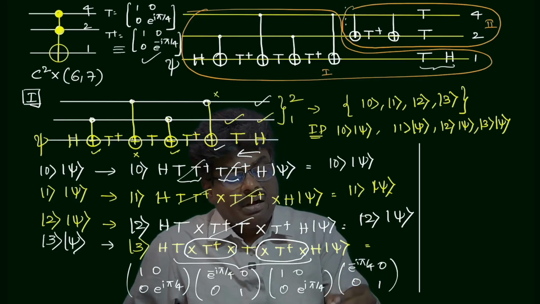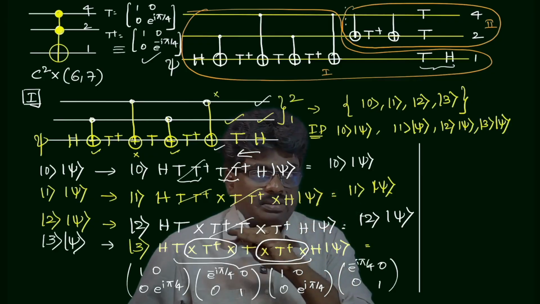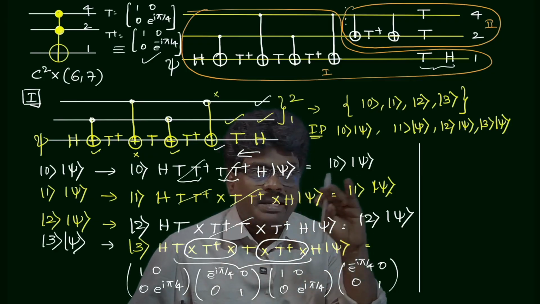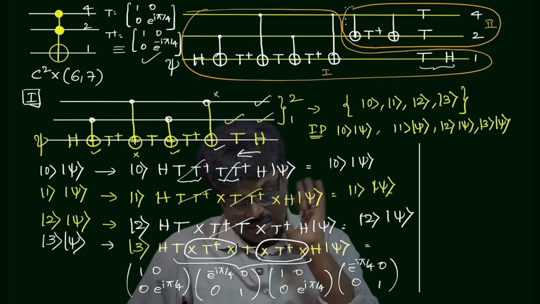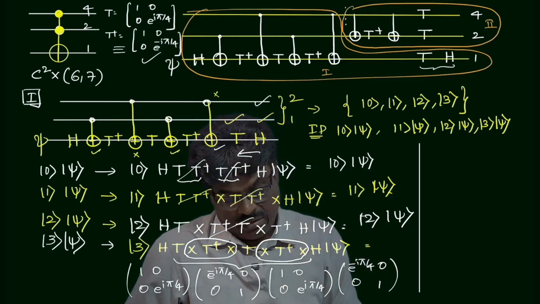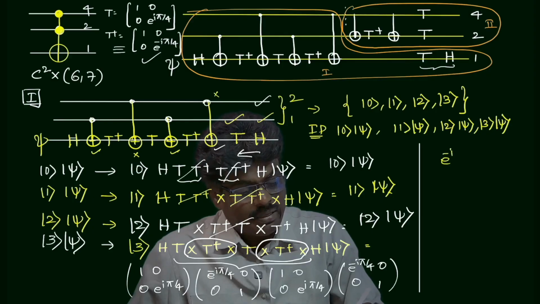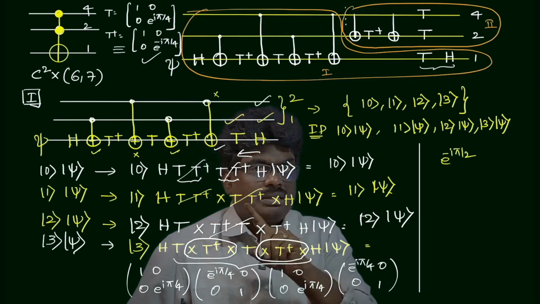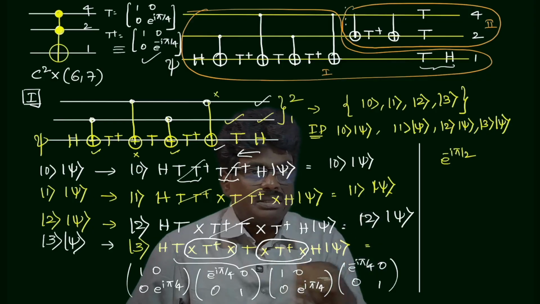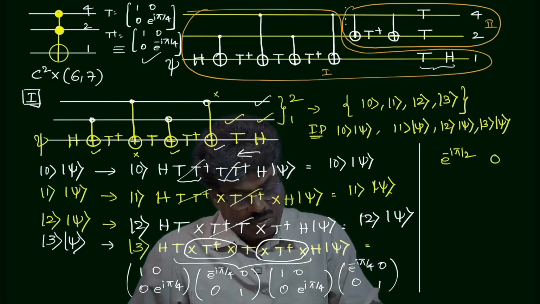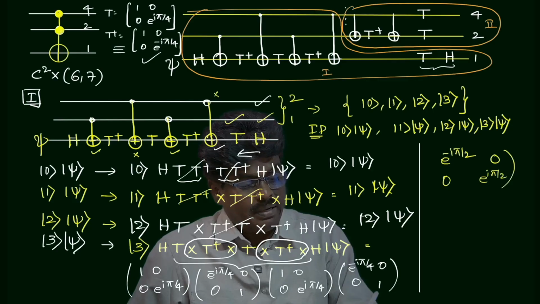All are diagonal matrices, happily just multiply the corresponding elements, no need to do all this mathematics. 1, e raised to minus i pi by 4, 1, e raised to minus i pi by 4, this will become e raised to minus i pi by 2. Just multiply the corresponding elements because all these are diagonal matrices, 0, and here also 0, and here e raised to i pi by 2.